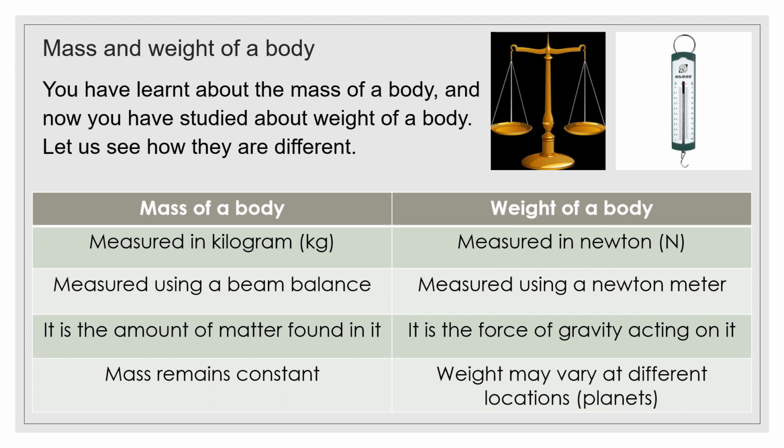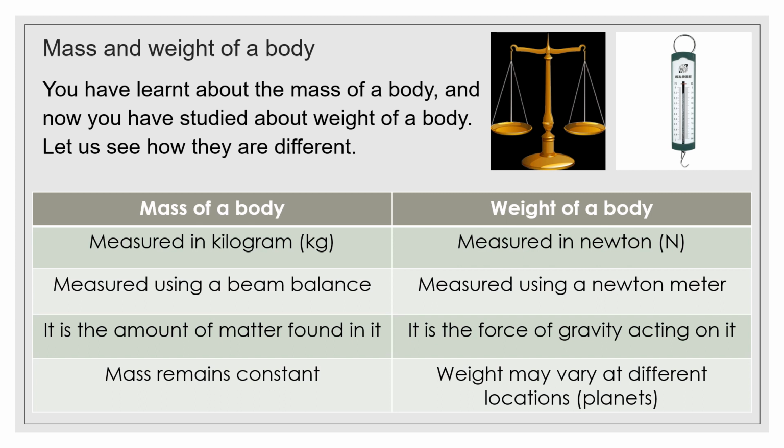Let us see what are the other differences. The mass of a body is measured in kilograms, whereas the weight is measured in newtons. The mass of a body is measured using a beam balance, whereas the weight of a body is measured using a Newton meter or a spring balance.